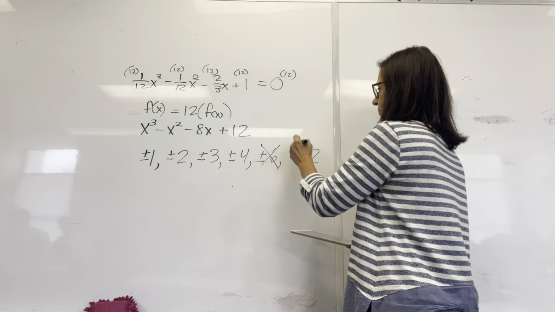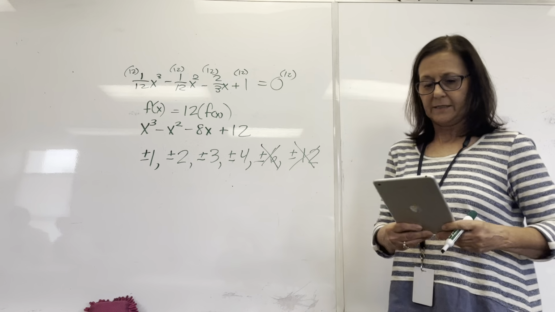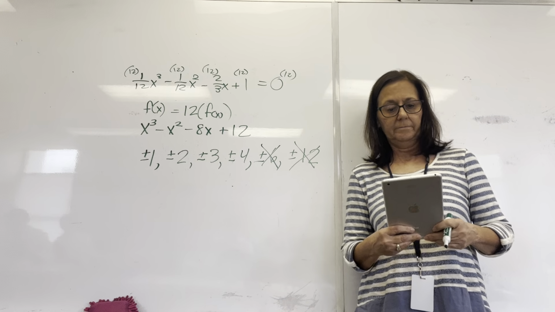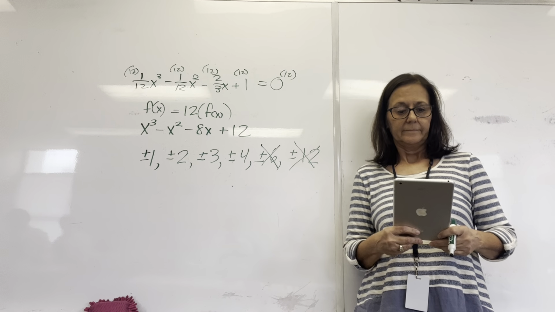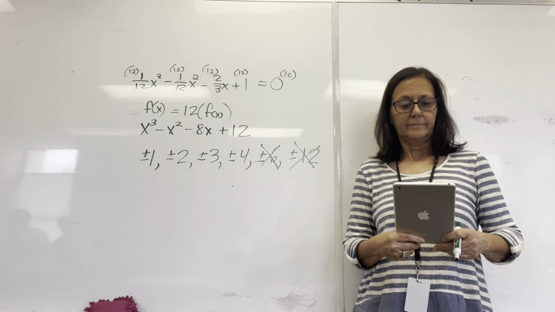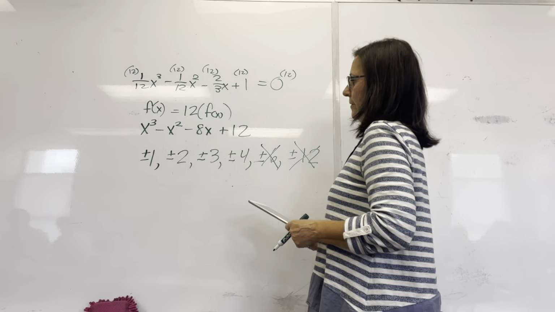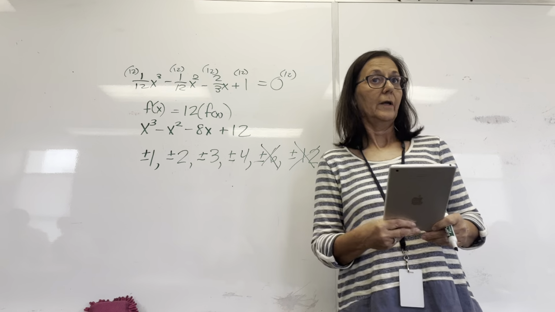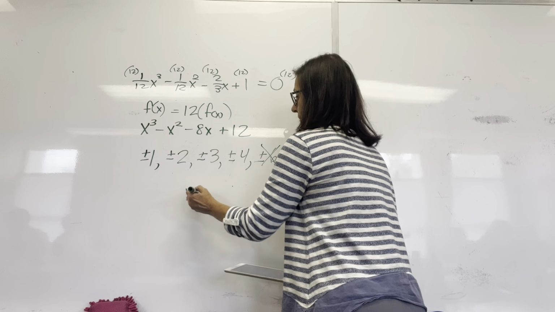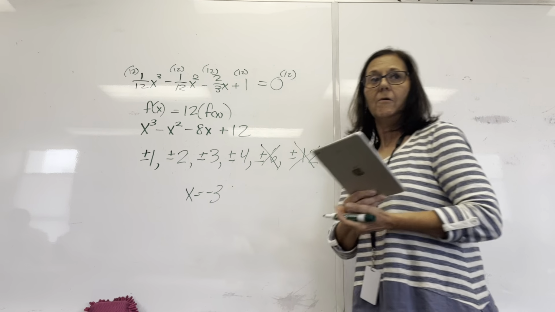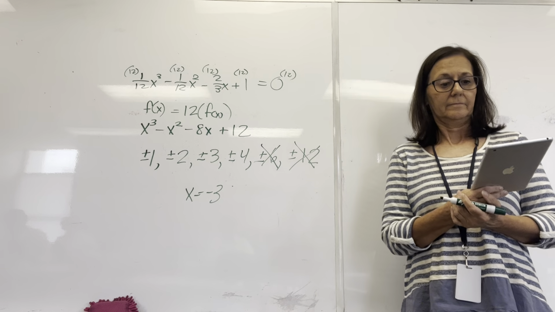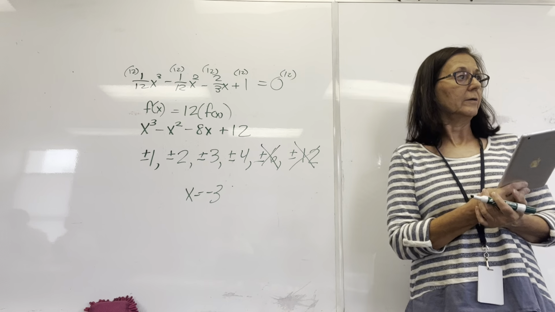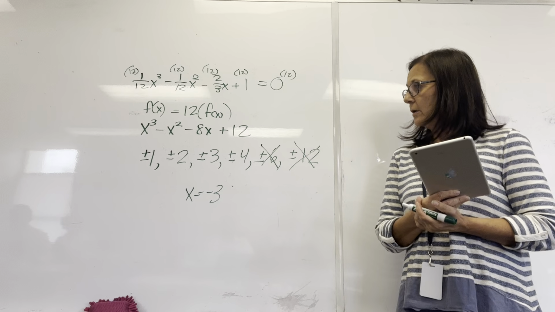Because neither one of these works according to your textbook. -2 does not work. 1 doesn't work. -3 works. 4 does not work. Does 1 or -1 work? One doesn't. Who had 2?